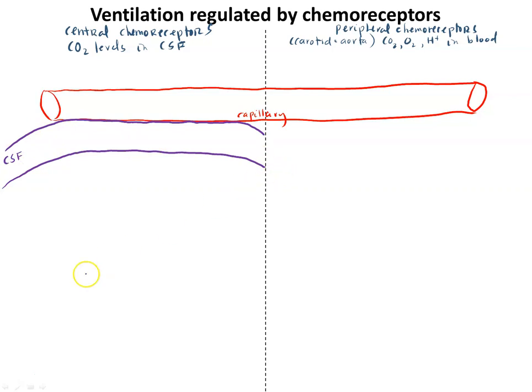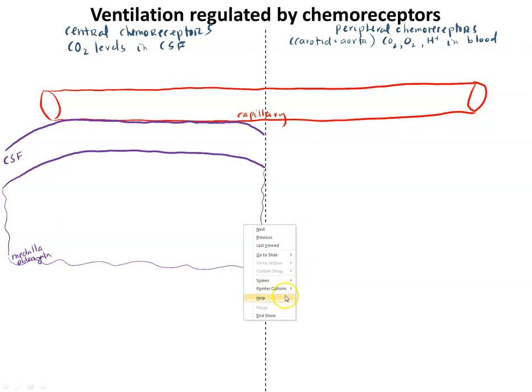And then down here, denoted by the squiggly line, this is going to be the medulla oblongata.